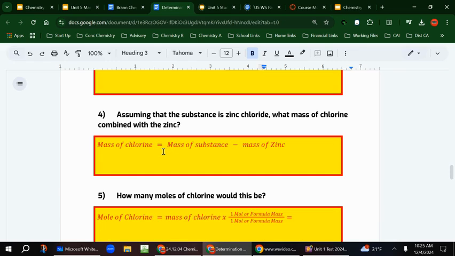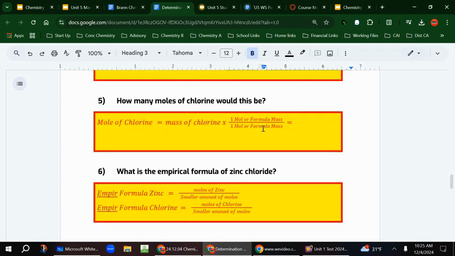Mole on top, formula mass of chlorine on the bottom. Okay? So this is just what we were doing yesterday in class. Taking the mass of the element and getting it into moles.